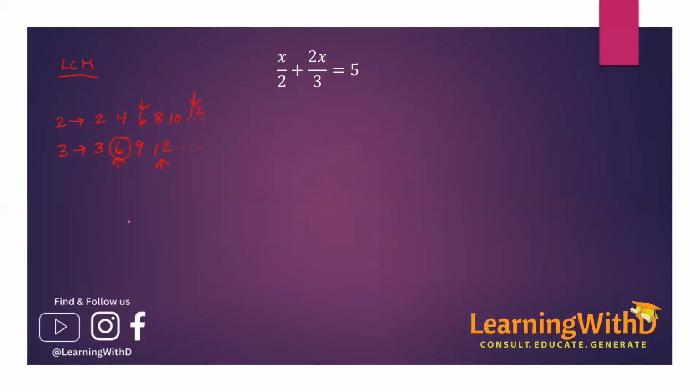Let's look at the first one. If I multiply 6 times x over 2, this cancels, this becomes 3, so I get 3x. That's not a fraction.